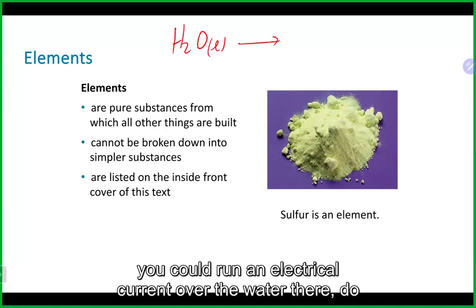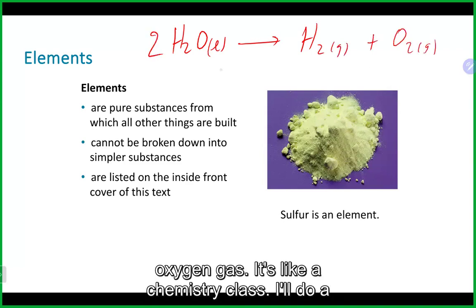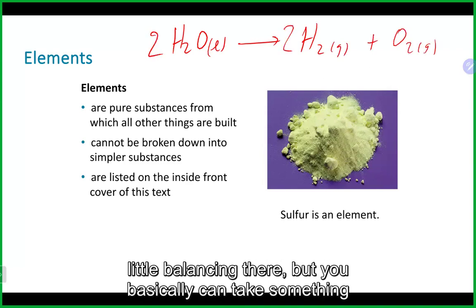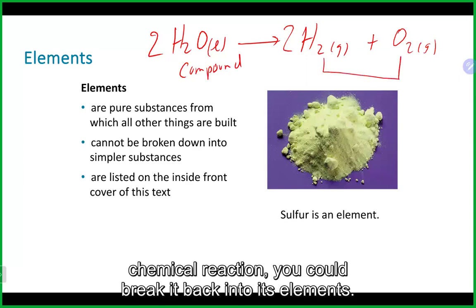You could run an electrical current through the water and do a little electrolysis, break it apart into hydrogen gas and oxygen gas. It's like a chemistry class. I'll do a little balancing there. But you basically can take a compound and through some type of chemical means, like a chemical reaction, you could break it back into its elements.